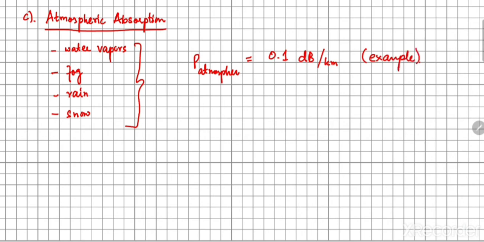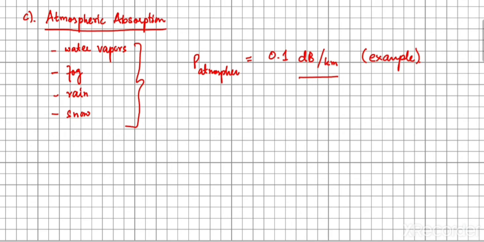This value is just an example, but it emphasizes how we characterize the atmospheric absorption. 0.1 dB per kilometer would mean that if the distance between the transmitter and receiver is, for instance, 7 kilometers, there will be a 0.7 dB additional path loss due to the atmospheric absorption.